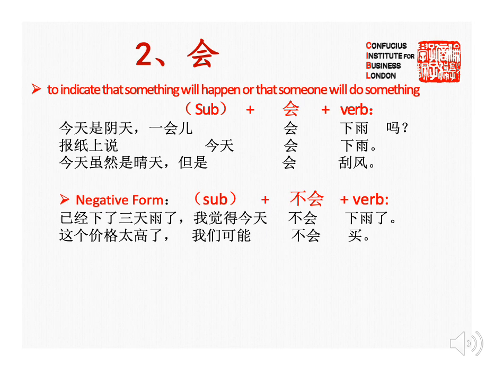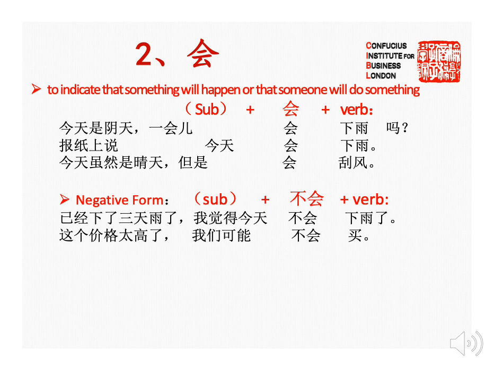For example, 今天是阴天 Today is cloudy. 一会儿会下雨吗 Will it rain later? Will. 报纸上说今天会下雨 So the newspaper says it will rain today. So 会 here just a marker of something will happen, will.